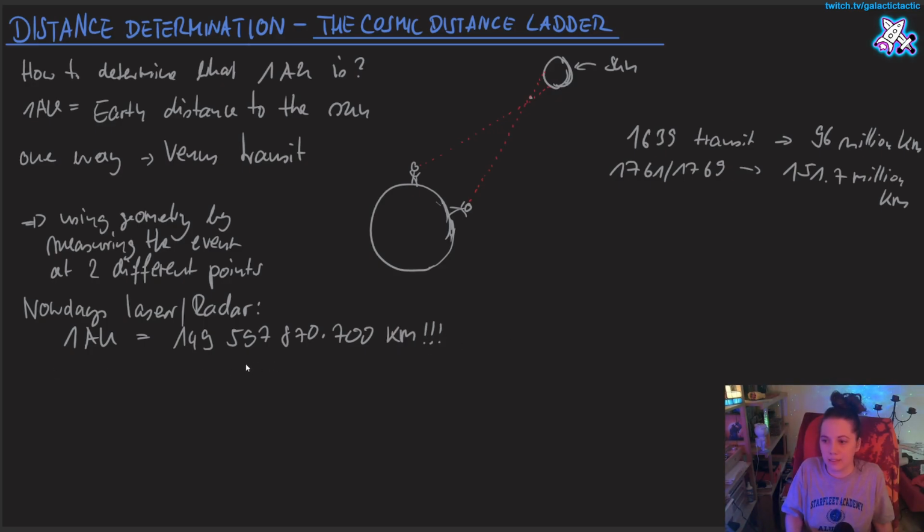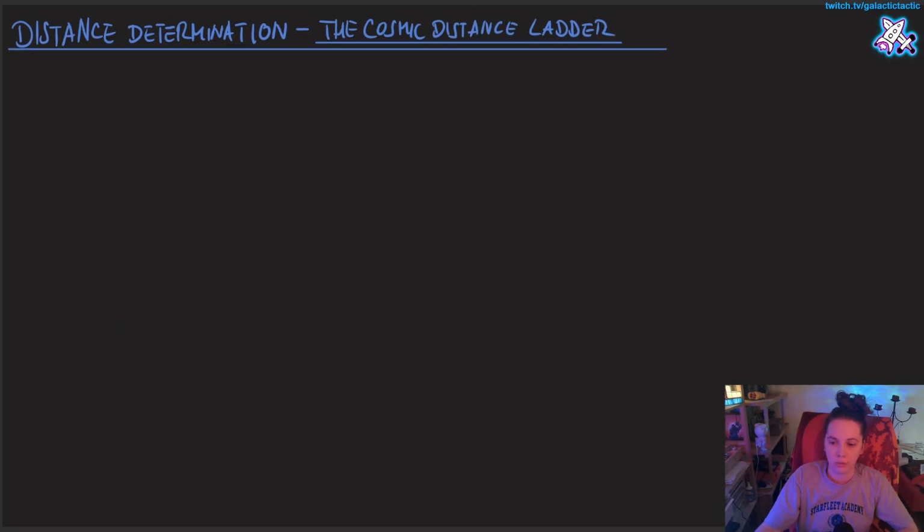This is the mean distance. It's an ellipse, so it's not a real radius, since it's not circular. At one point Earth is farther away from the Sun, and at another point it's closer, and this is basically the mean distance. 1 AU is the distance from Earth to the Sun. We're just using Venus to find out what it actually is. So that is a little bit of a historical overview.